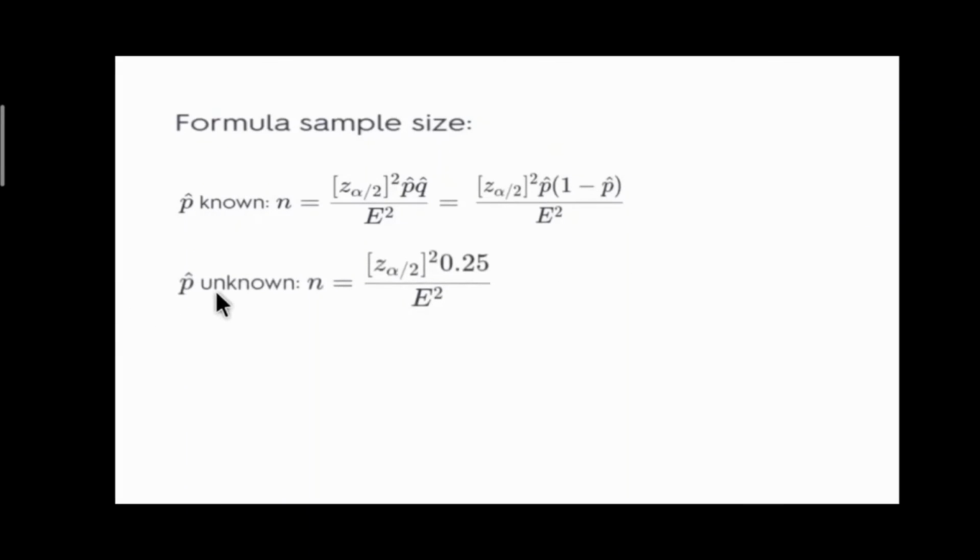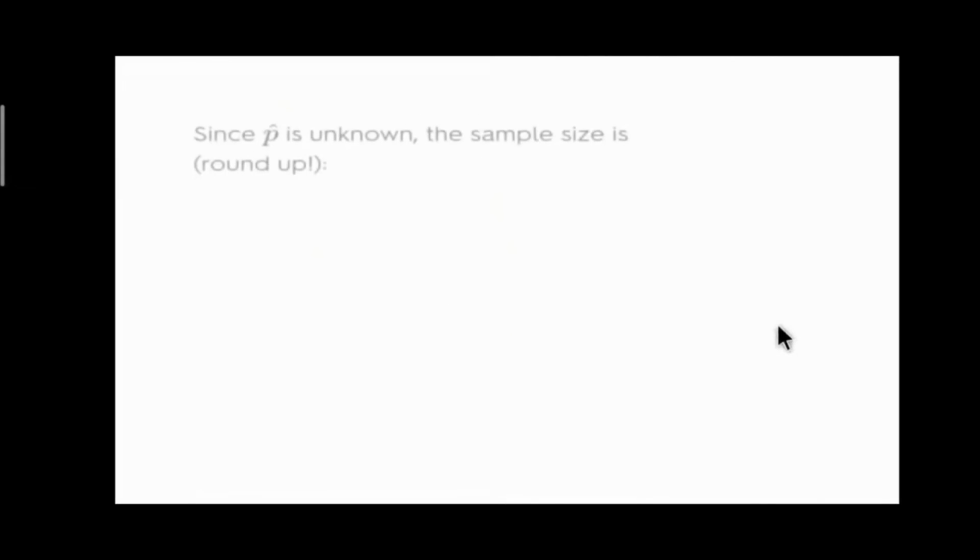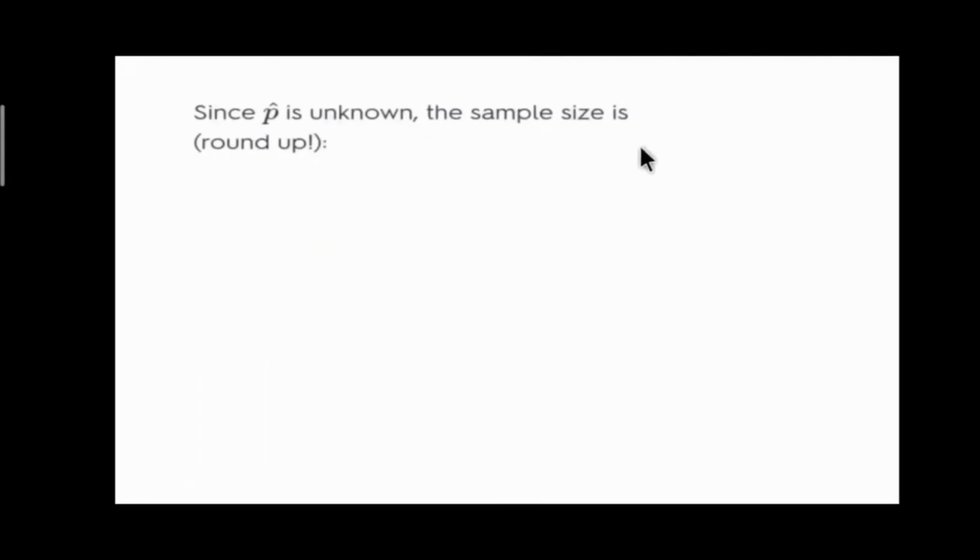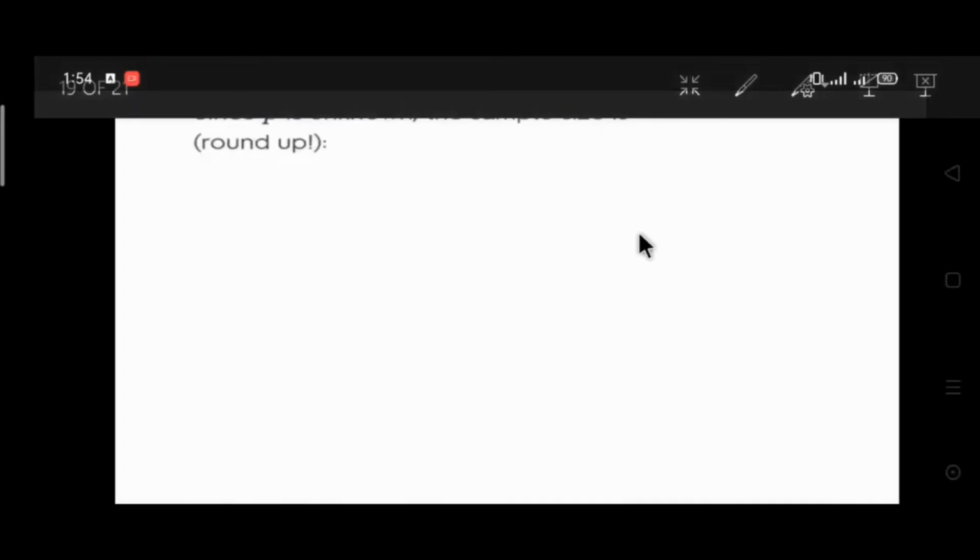When p is unknown, n is equal to z alpha over 2 raised to 2 multiplied by 0.25 divided by E squared, or margin of error squared. Since the sample proportion is unknown, the sample size is rounded up.